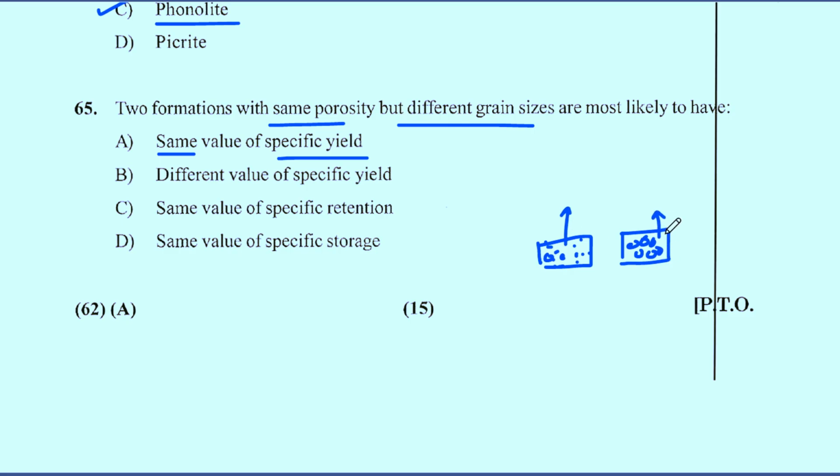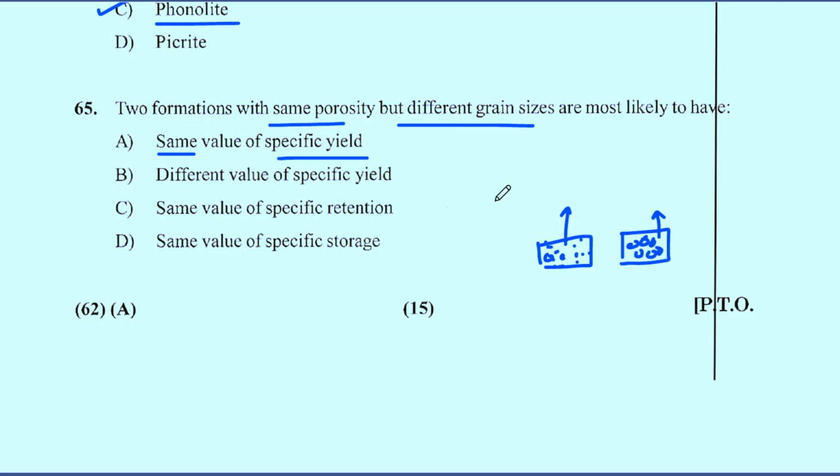Finer grains have more surface area in comparison to the coarser one. Overall surface area of grains is more in finer grain. Due to that, and there is one more thing: if grains are finer, the water sticks to the grains and cannot easily drain out.